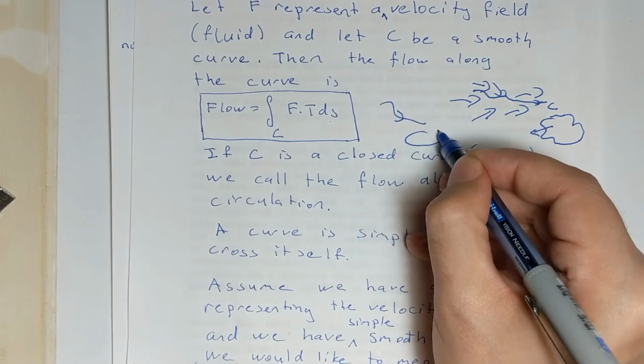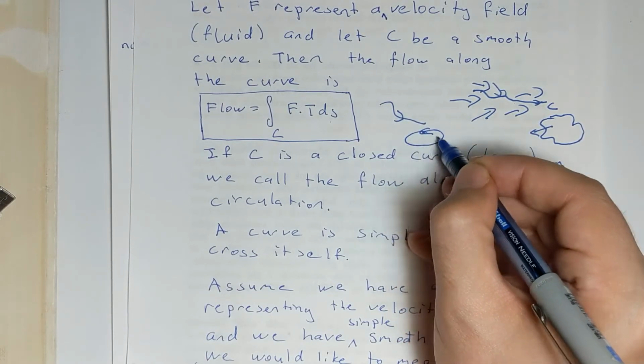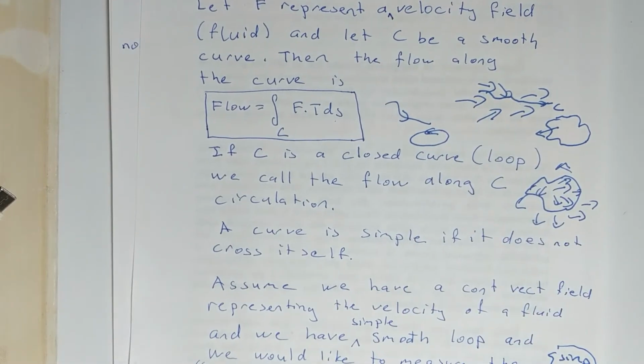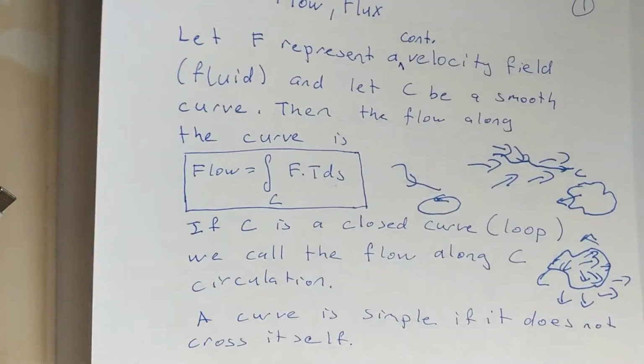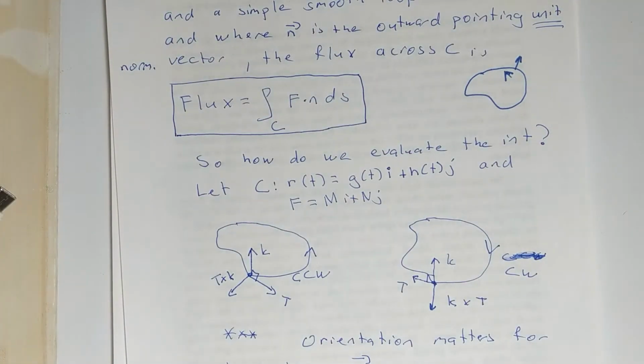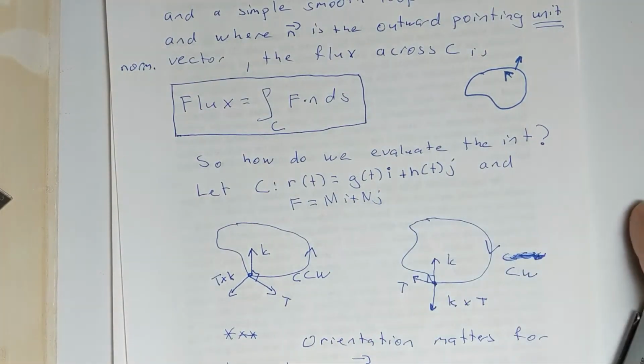If the curve is closed, flow along this loop is called circulation. They're just the same thing; one is closed, one is not. So when you compare these, the way to remember it is: along, you need F dot T, where T is the unit tangent vector, and across, the flux, you need F dot n, where n is the unit normal vector that's pointing out.